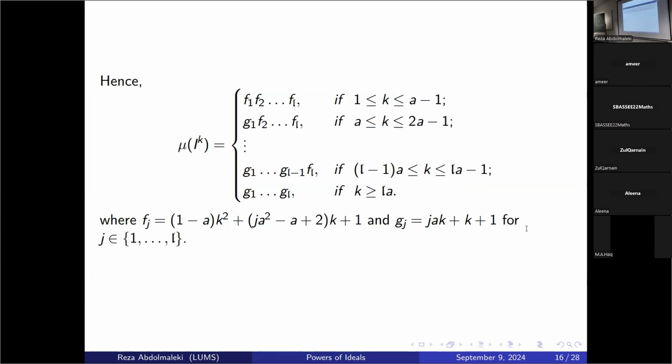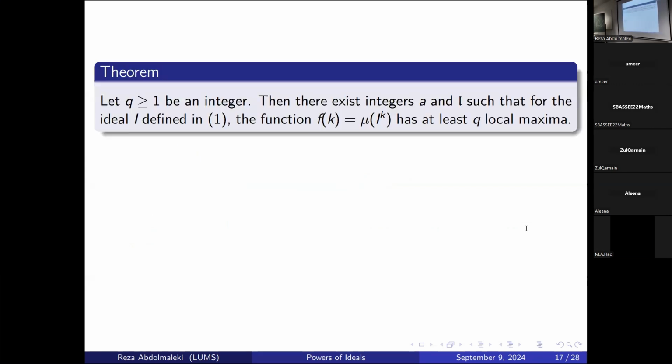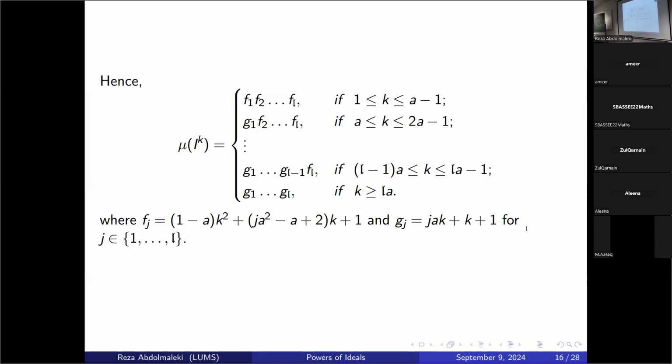And for this particular ideal, we could prove that for any given Q, using this kind of ideals, we can provide an ideal such that the function mu of I^k has at least Q local maxima, at least Q, not exactly Q, right?